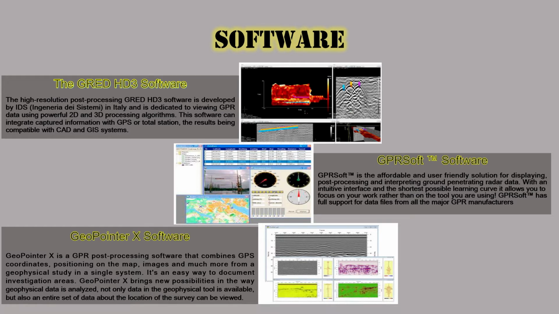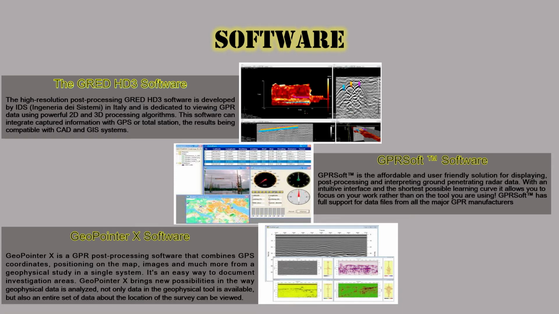Another software that can be used in underground utilities survey and mapping is Geopointer X software. Geopointer X is a GPR post-processing software that combines GPS coordinate positioning on the map, images and much more from a geophysical study in a single system. It's an easy way to document the investigation area.